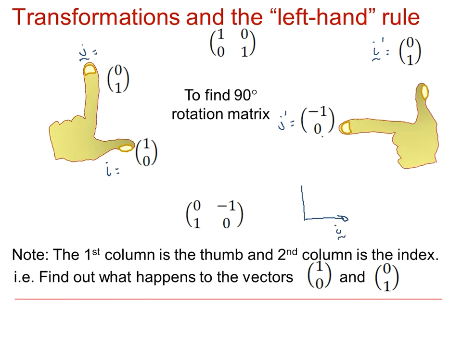This is i and this is j, and if we do a rotation of 90 degrees, then they will end up with i pointing upwards. So i dashed is there and j dashed is there. So i dashed is (0, 1), j dashed is (-1, 0). So a quick diagram produces the result a little bit more easily perhaps than using your hand and getting in a twist.